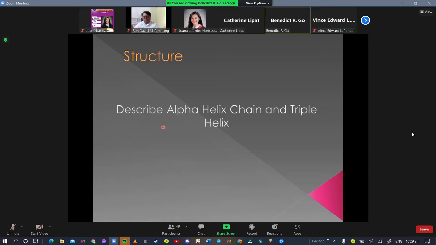Morning. Can you describe the alpha helix chain and the triple helix? For the alpha helix, Doc, it's composed of what the student said earlier, like there's a glycine in the structure, and it's followed by a sequence called Gly-X-Y.